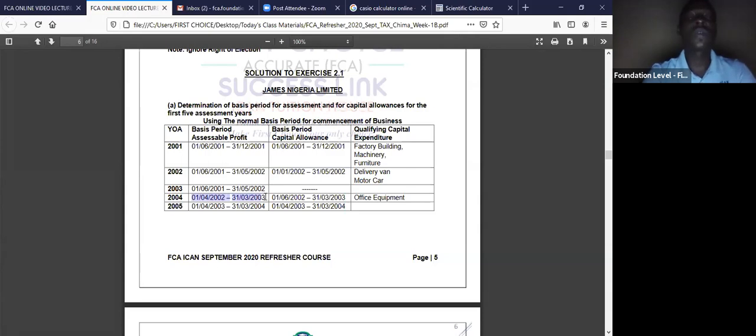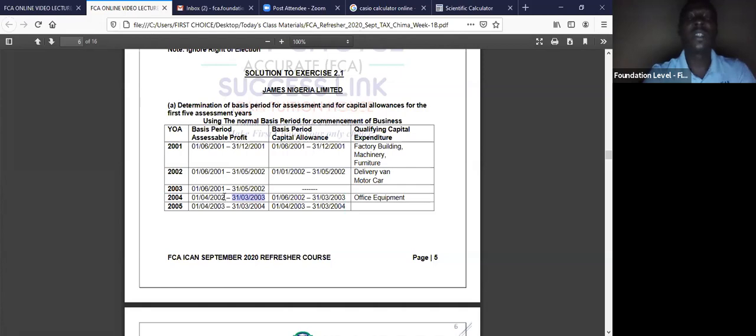So look at the period the business is making its account to, March 31st. Now this is 2004. Preceding year basis means the year should be 2003. This is the month the business is bringing the accounts to. So 2003 March 31st is the preceding year.